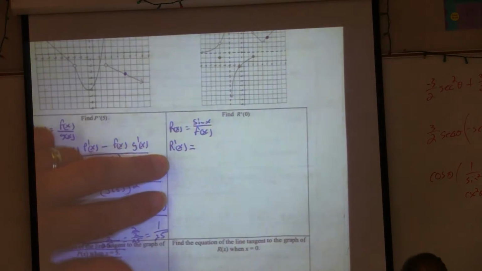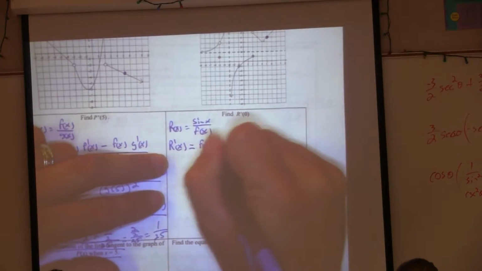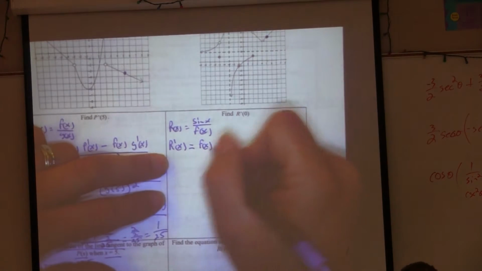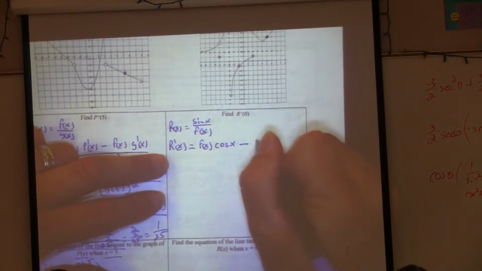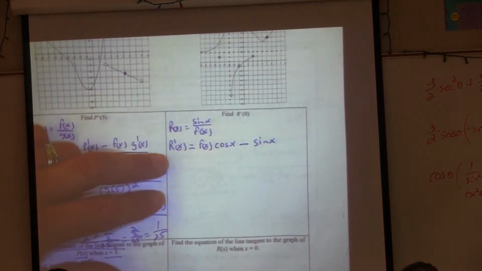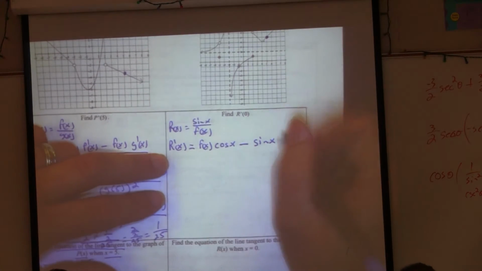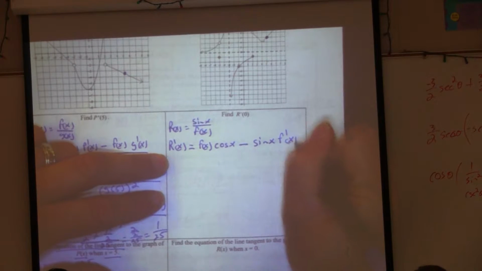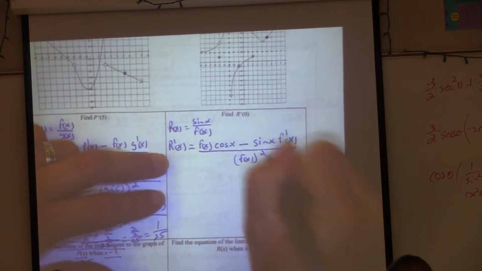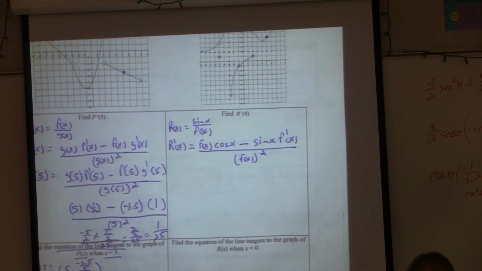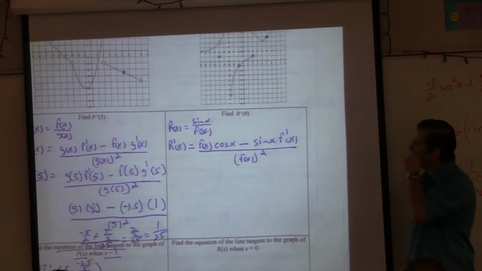So low, f of x, d high, cosine x, minus high, d low, all over low squared. Do we get the derivative?